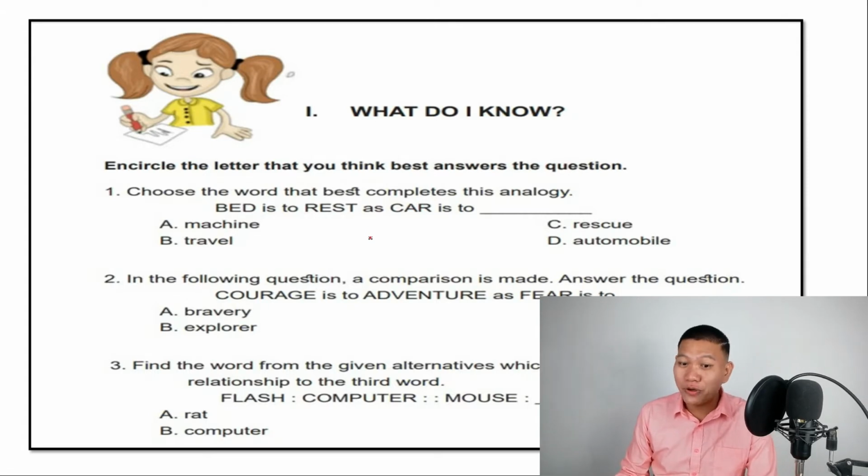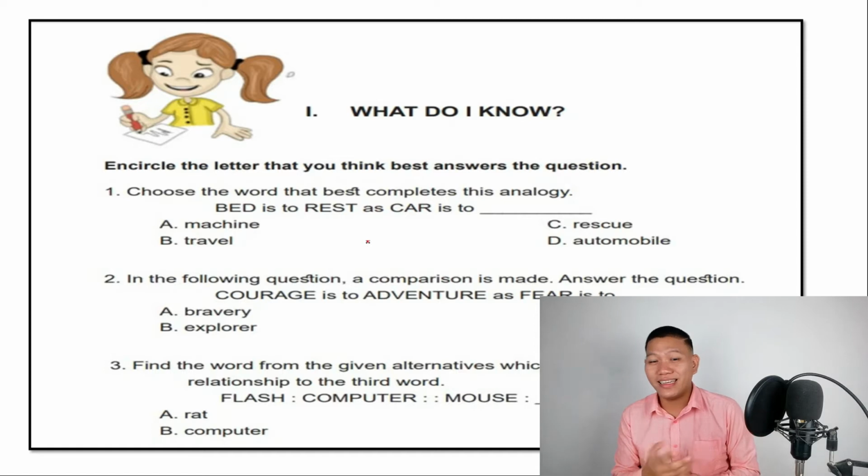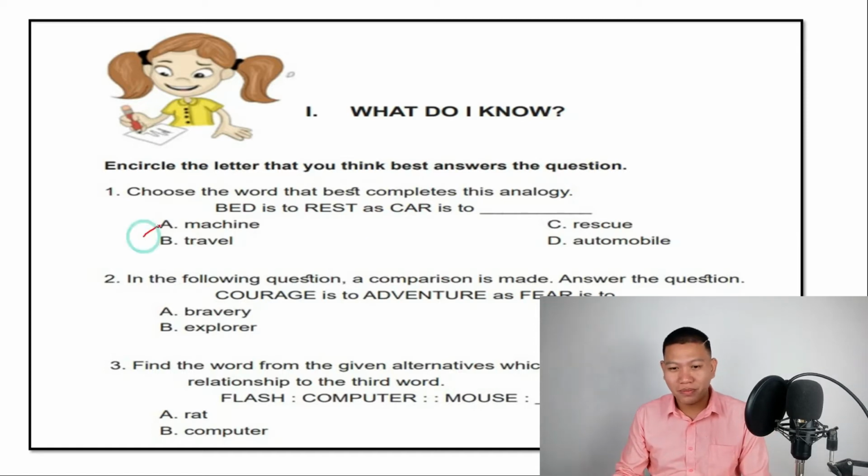Bed is to rest as car is to blank. So how do we understand this? Bed is used when we want to rest and car is used when blank. Letter A, machine. Letter B, travel. Letter C, rescue. Or letter D, automobile.